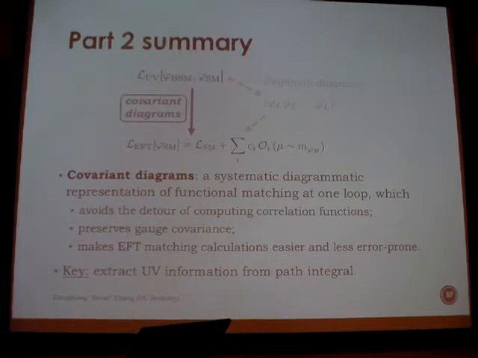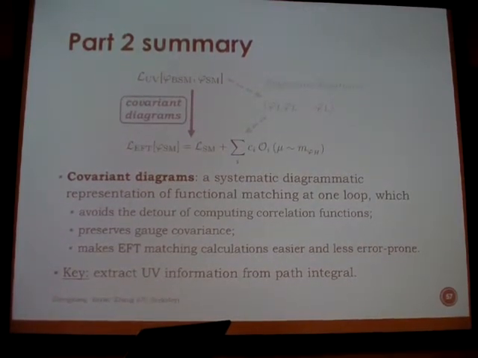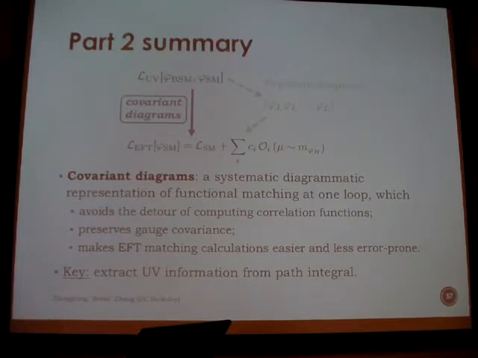And the key intuition I would like to emphasize here is that we want to work more closely with the path integral, and we want to extract information from the path integral. And for the matching calculation, we only need to extract a certain amount of information to derive the EFT Lagrangian, and that part is the UV information.